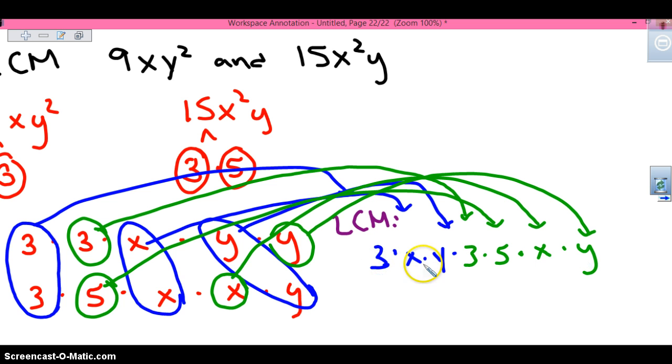So in blue ink is everything they have in common, and in green ink is everything that they do not have in common, everything else.